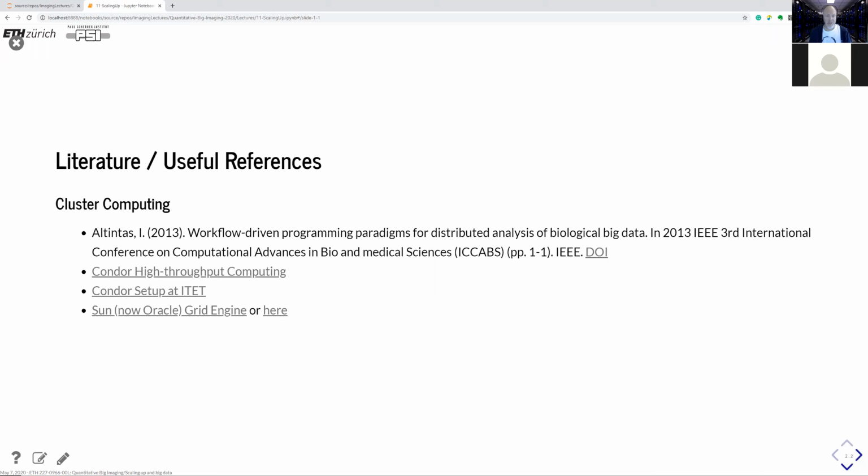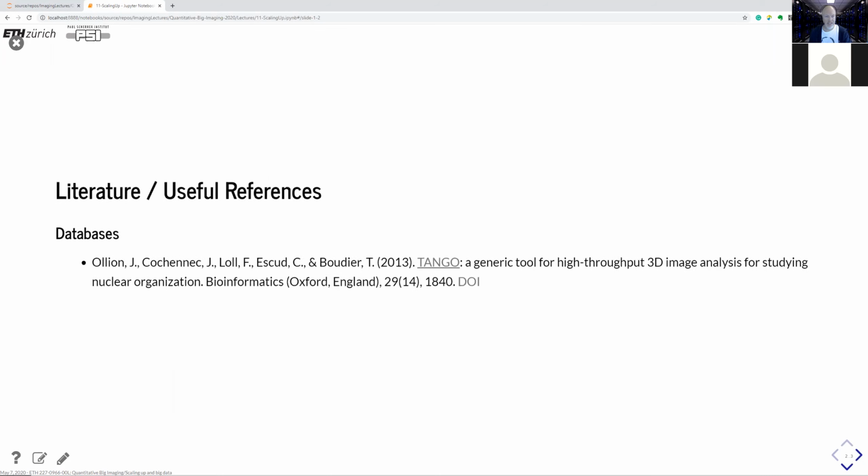Also on cluster computing, the same concept. There is a paper and quite some information otherwise. And also databases, just a paper to read about databases and how to handle them for image analysis.